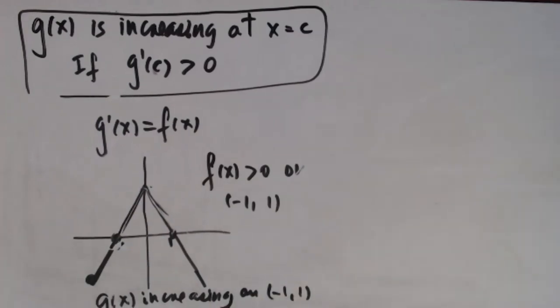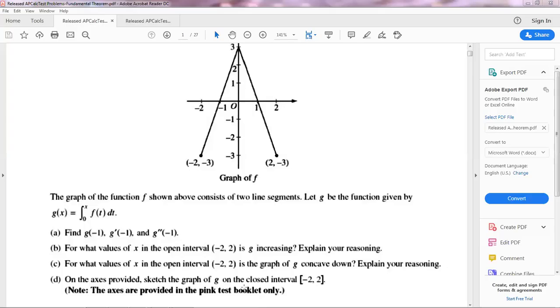Okay, next question. Let me share the screen right here. For what values of x on the open interval -2 to 2 is the graph of g concave down? Explain your reasoning. Let me just put here a function that is concave up and concave down.